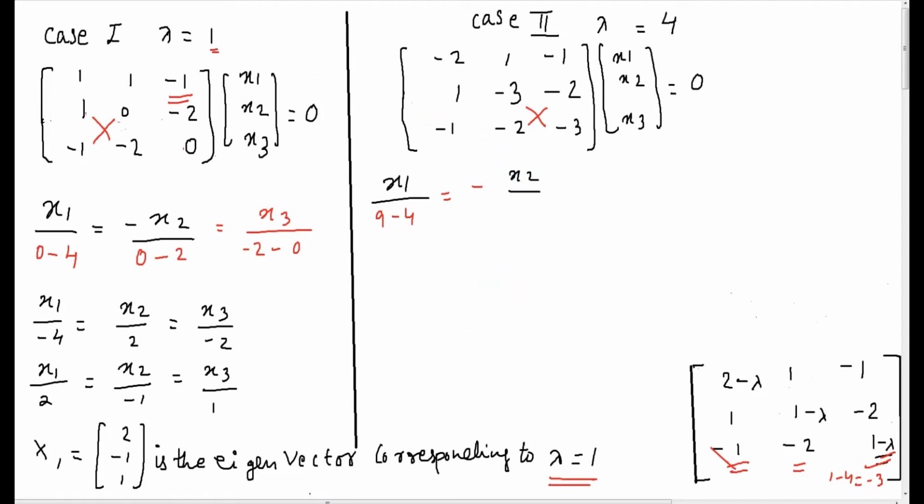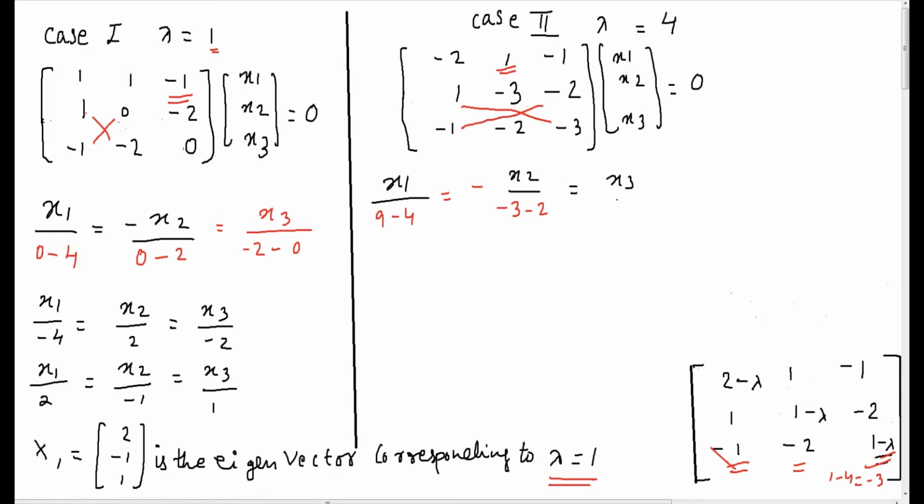Here minor of a12 is 1 minus 2 minus 1 minus 3, and cross multiplying minus 3 minus 2 equal to x3 by minor of a13.